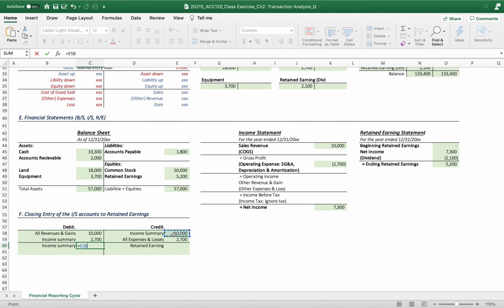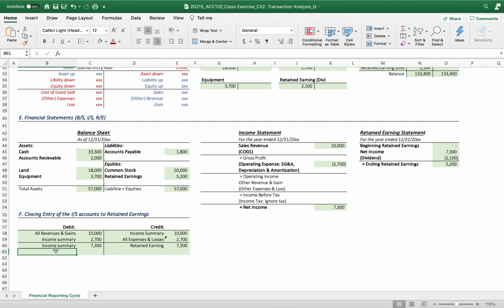So that we remove all the income summary, and all the revenue and gains and all expenses and losses are now removed by putting the other side. And then retained earnings we increased by 7,300, which is the same as this.